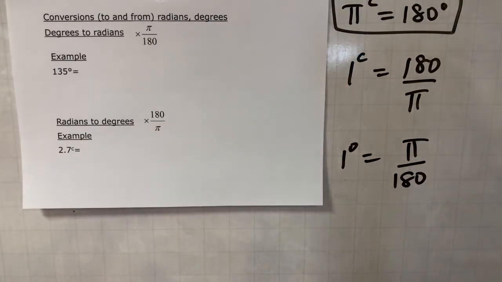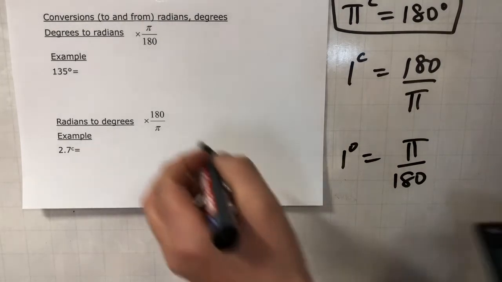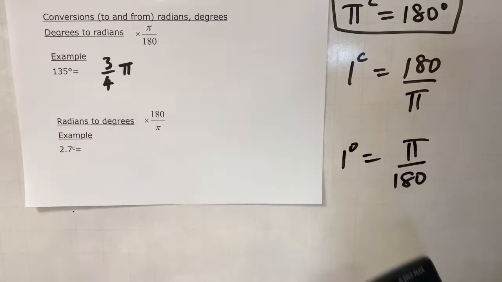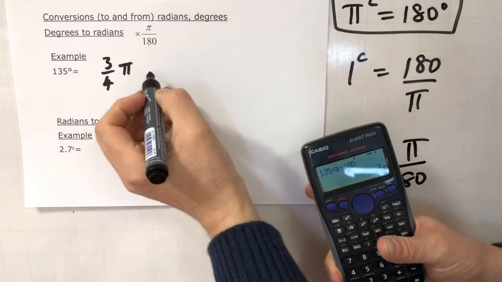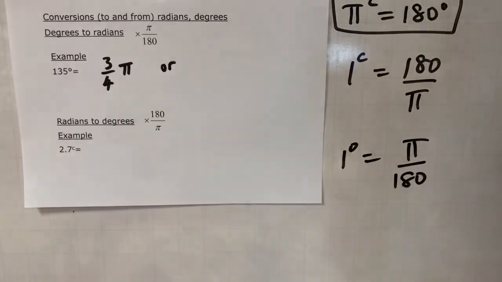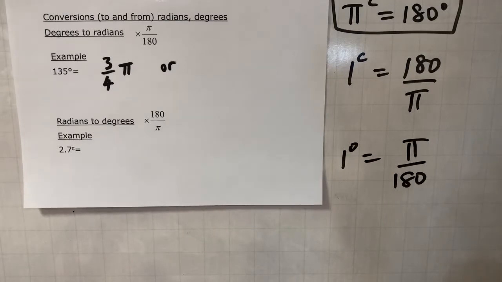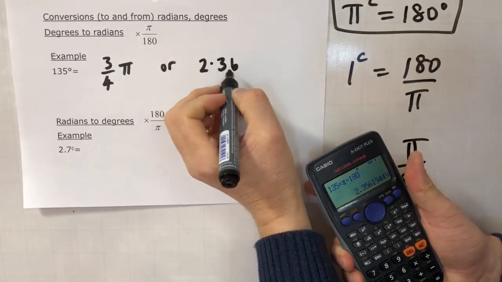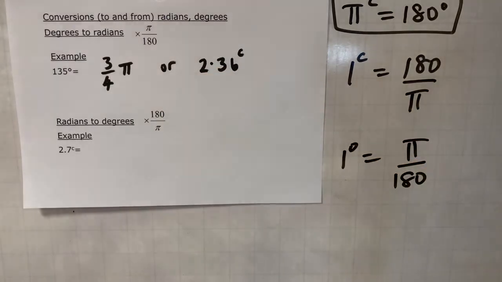So we have 135 times by pi divided by 180 equals 3/4 pi, which is useful for work in A-level trigonometry, or, because you're new to it, as a decimal, 2.36 rounded off radians.